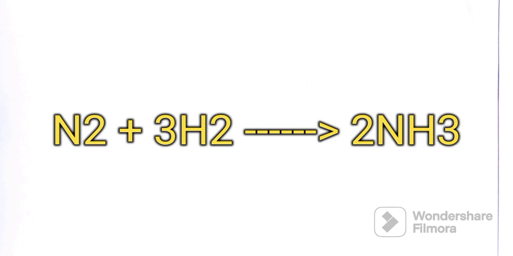Nitrogen is a gas, so you put a g to indicate it is a gas, and hydrogen is also a gas. Then ammonia is a liquid. This is the balanced chemical equation.